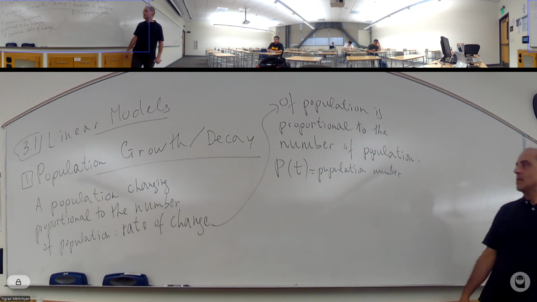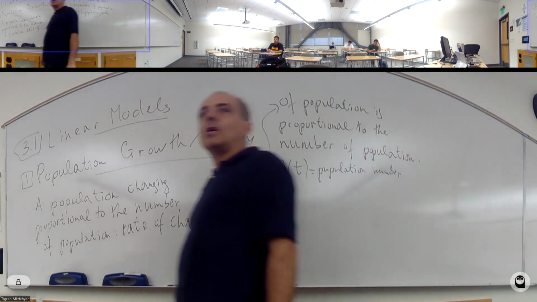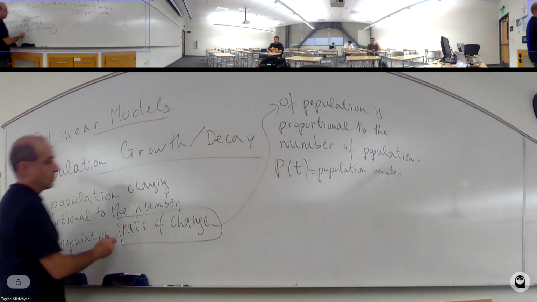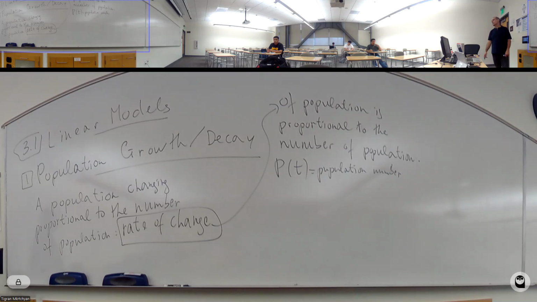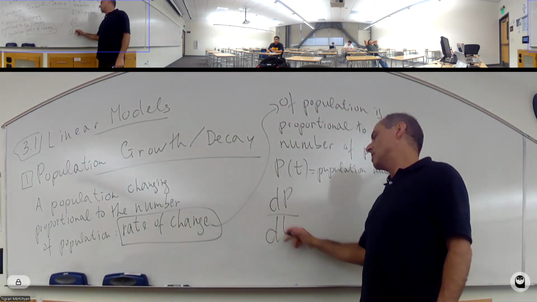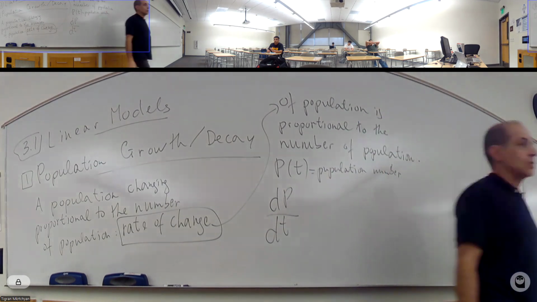So if that's the case, if the P is your number of population, what does that mean? The rate of change of that population P. What is that? Derivative. Rate of change is derivative. So it's going to be what? dP dt. That's how population is changing.